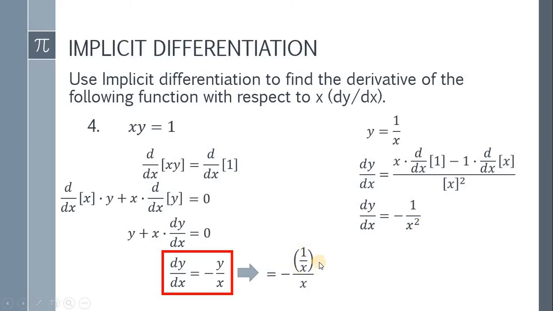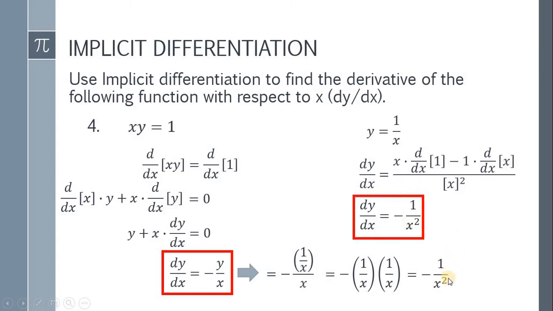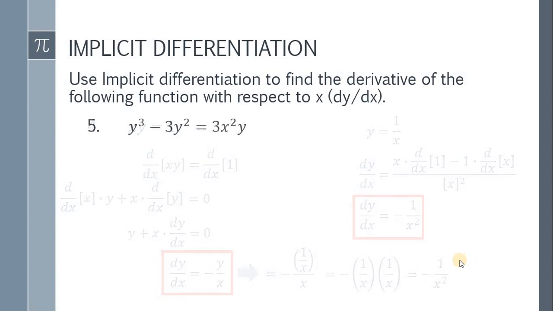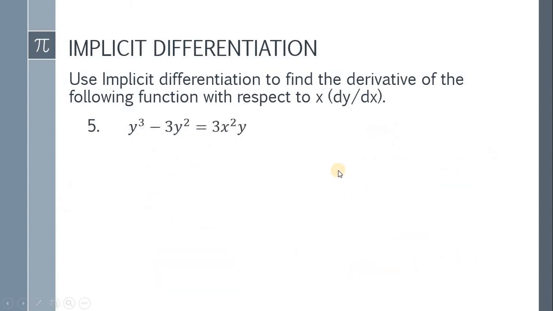Kunin natin yung numerator and then i-multiply natin sa reciprocal ng denominator. We have negative of 1 over x, ito yung numerator, times reciprocal ng x is 1 over x. Now, as you can see, we have negative 1 over x squared. And we're done. Those are just the same thing. Okay?